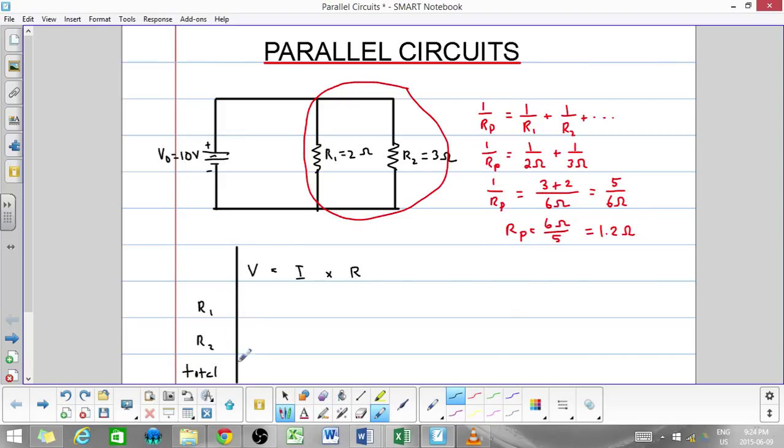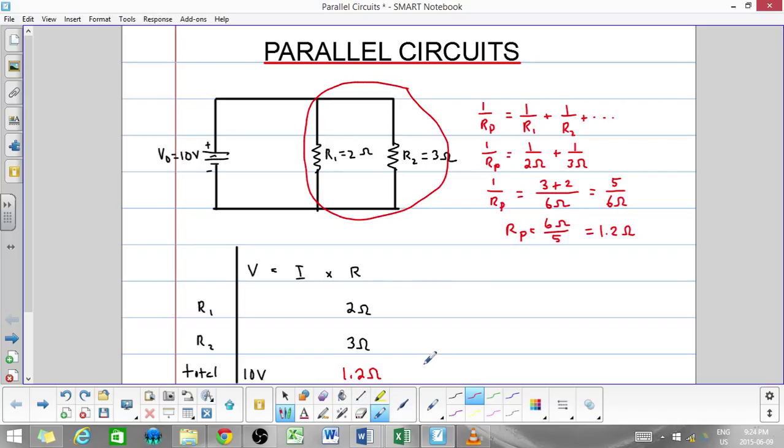We know the V of the source, that's the total potential for the circuit. And we were given the two resistors were 2 ohms and 3 ohms. Now we also have calculated that the total resistance is 1.2 ohms.